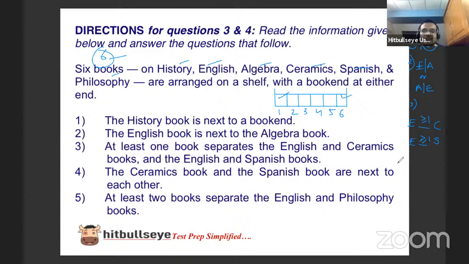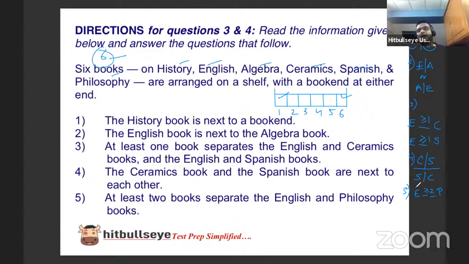The ceramics book and the Spanish book are next to each other. Okay, so Spanish and ceramic साथ साथ हैं. All right. At least 2 books separate the English and philosophy books, greater than or equal to 2.